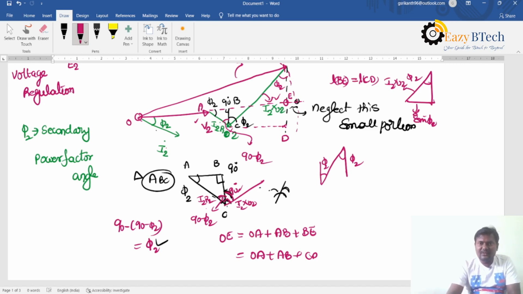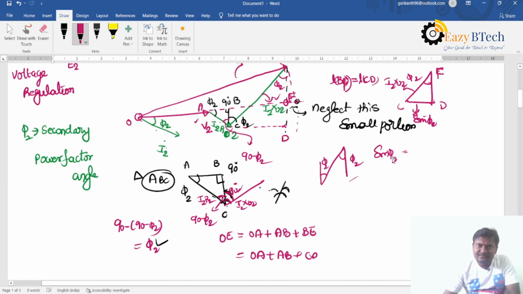Then sin phi 2 is equal to, from this E, and this one is C, and this is D. Let us say this already E is assigned for the top one, right? F. You can assign an F term in order to avoid the confusion. The length of BF is equal to length of CD.